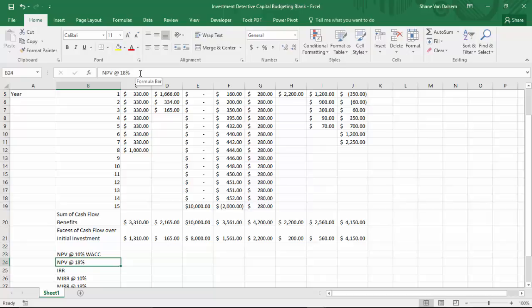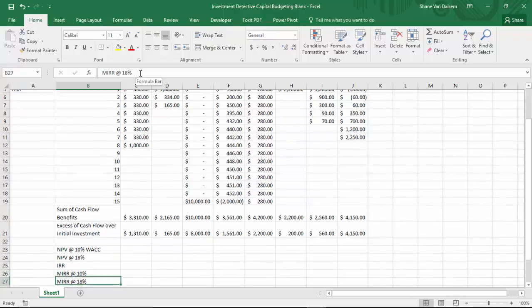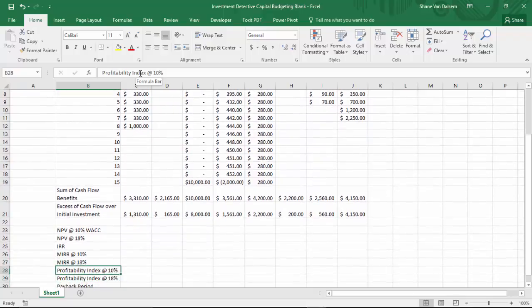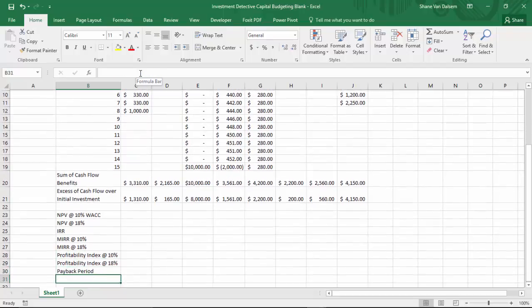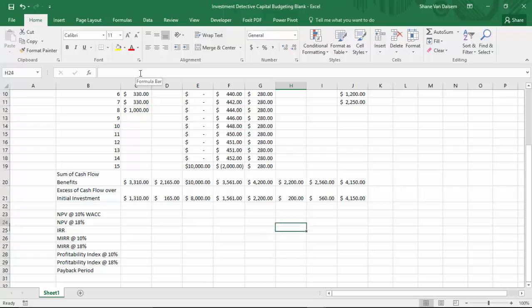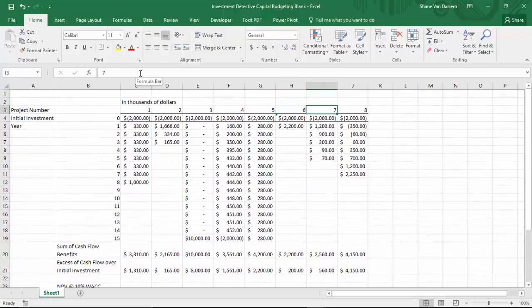The IRR, the MIRR, I showed you the calculation for that. If we do it longhand, it is kind of time consuming. Excel's wonderful. We don't have to do it that way in Excel. The profitability index, again, I'm going to show you how to do this in Excel. The payback period, and then at the end for these last 2 projects, we're going to do an NPV profile.